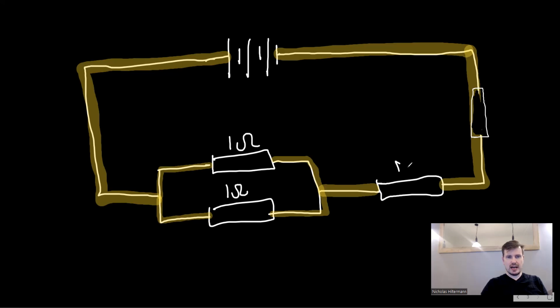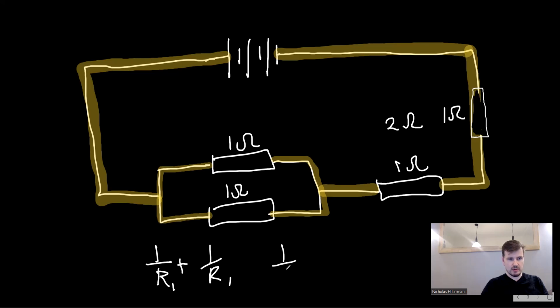Well, we know that if I added these two in series, they would be 2 ohms, wouldn't they? Because 1 plus 1 is 2. Happy with that? These two in series. But what is the resistance of these two in parallel? It would be 1 over R parallel equals 1 over R1 plus 1 over R2.